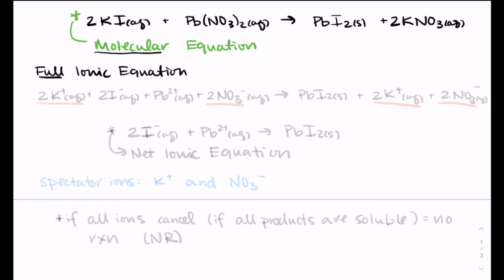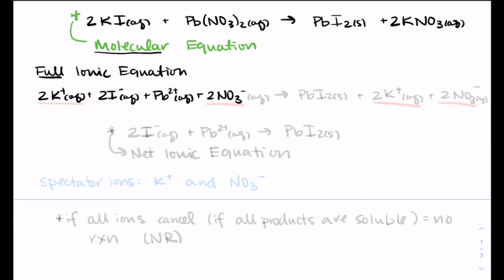For potassium iodide, this is soluble, so I know that as an ionic compound, it exists as K+ and I-. There are 2 of them because I had 2 potassium iodide. So 2K+ (aq) plus 2I- (aq).